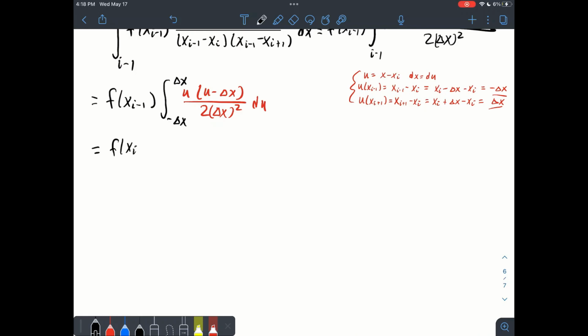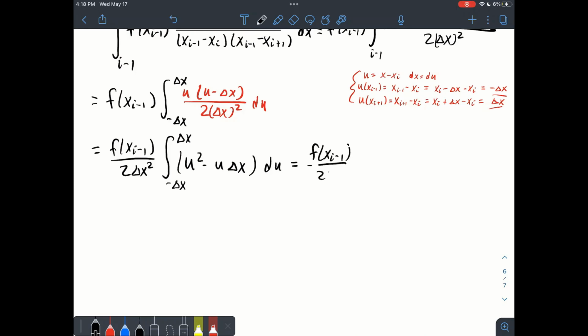We have f xi minus 1 times, and then we have, let's do the antiderivative here. Actually, no, let's go one more round of simplification. u squared minus u times delta x du, and now we have f xi minus 1 over 2 delta x squared.